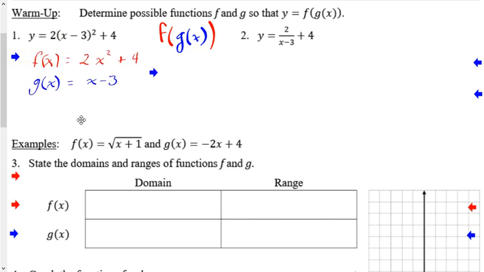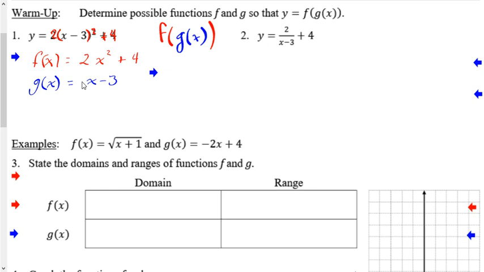Suppose I said, let's say that my f of x function includes this 2 out here, and then x squared plus 4. So that's all of my f of x function. What's going to go inside in place of the x? Well, that'll be the x minus 3.